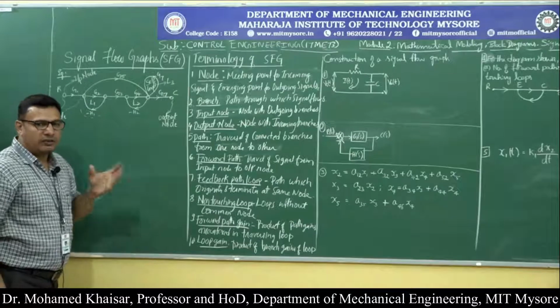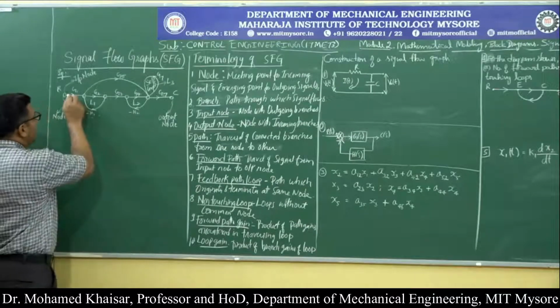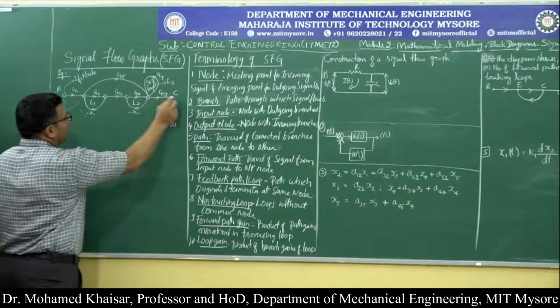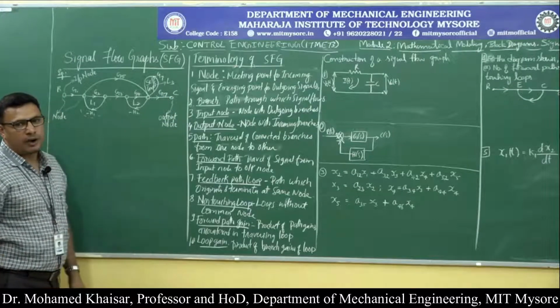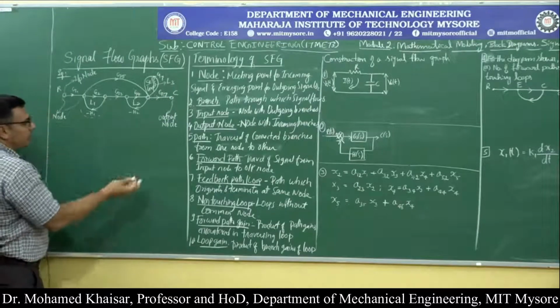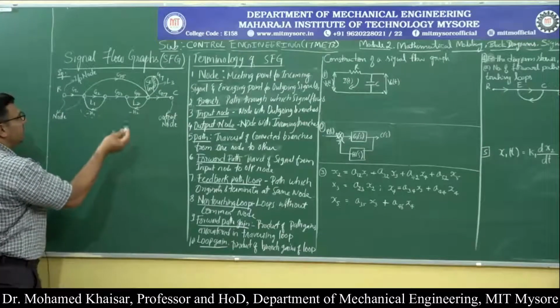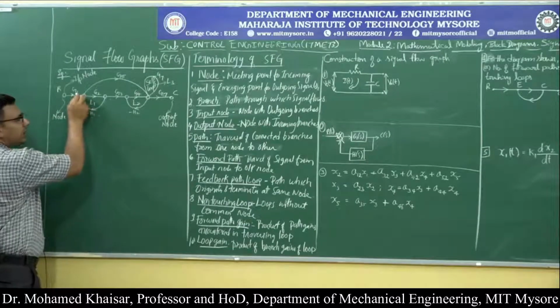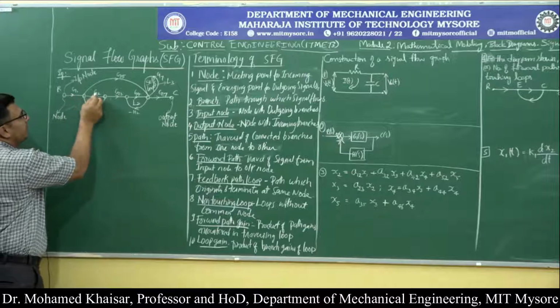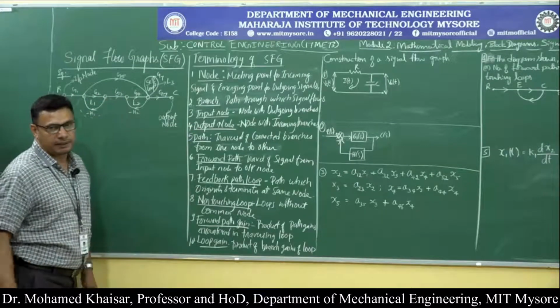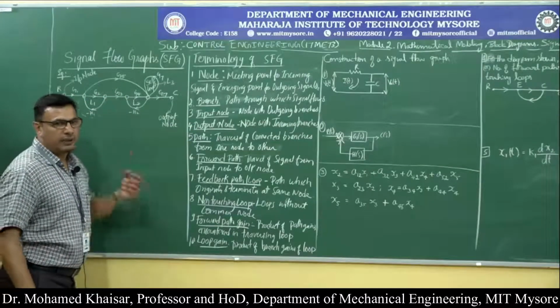They are all the signal flows. Forward path means it starts from this node and goes till the last output node. Therefore, what is the forward path gain? It is nothing but the product of the signal flowing through each of the branches along the forward path. That is the gain.